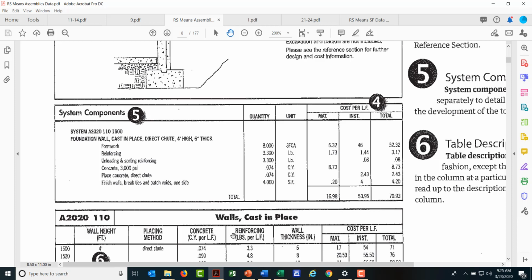Let's say you have that wall and you like this assembly price, but you know it's going to be 4,000 psi rather than 3,000. Well, you know there's 0.074 cubic yards per lineal foot in the wall. So if you want to know what they're paying for a yard of concrete, you can divide that out. And let's just say it's 150 bucks a yard.